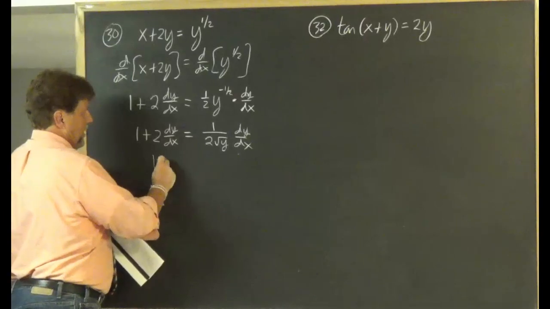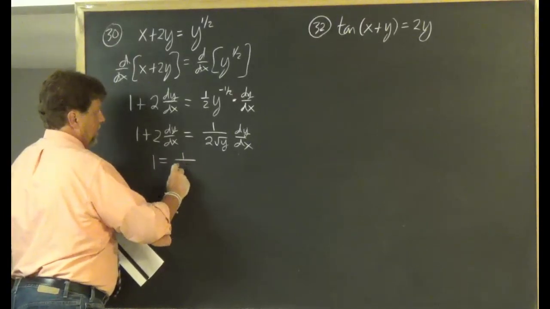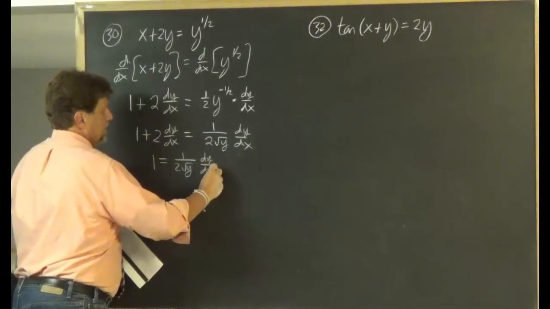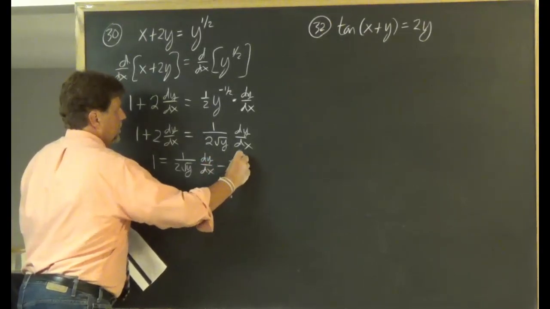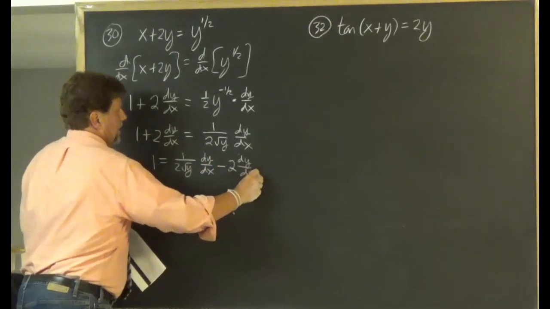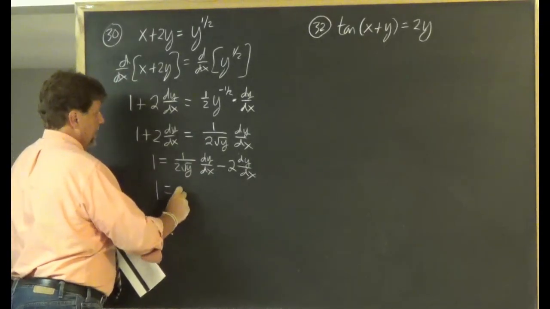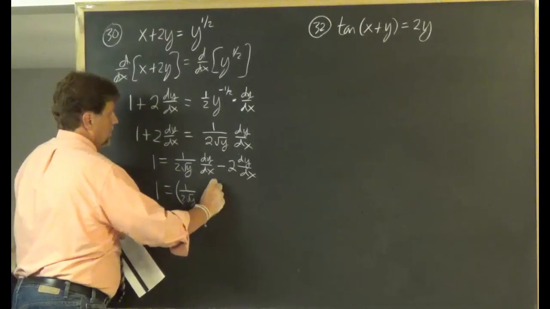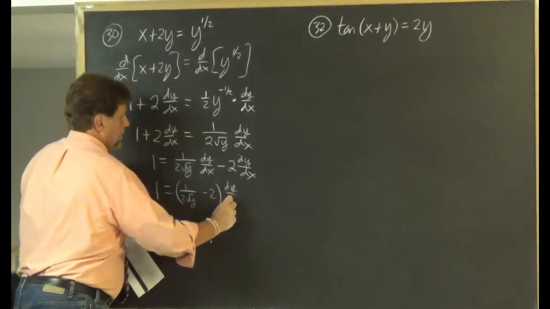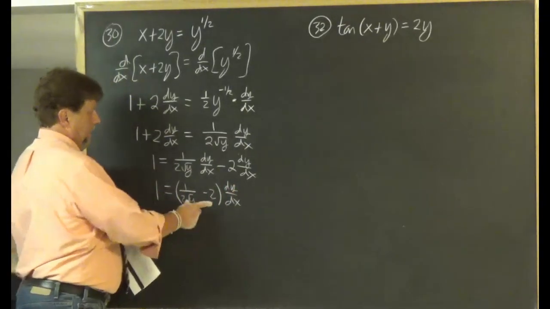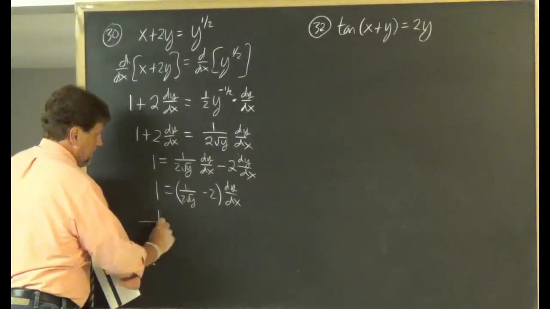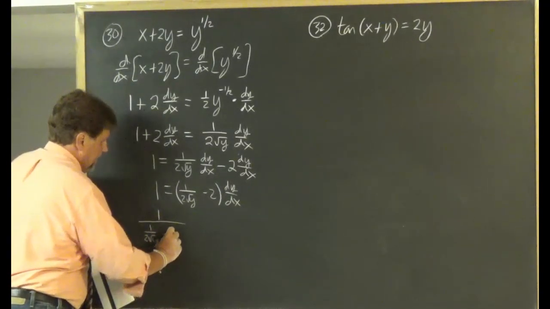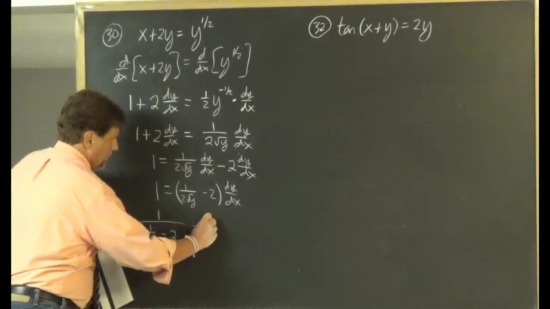So I just have 1 equals 1 over 2 square root y dy/dx minus 2 dy/dx. Then I factor out the dy/dx, and then I divide both sides by this mess, and I get something that just looks horrible.